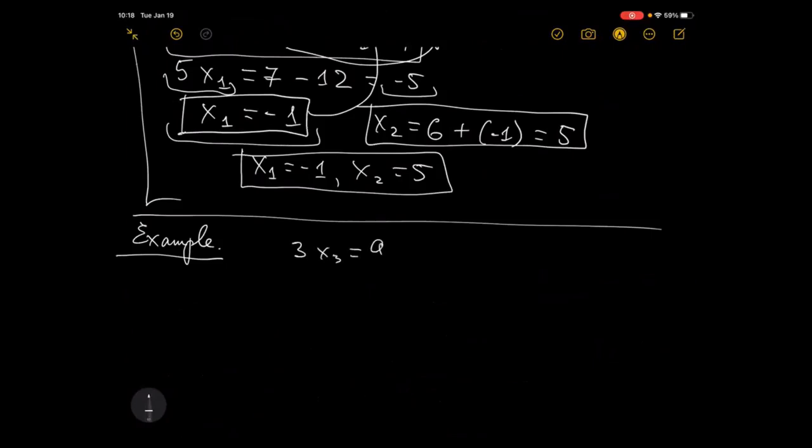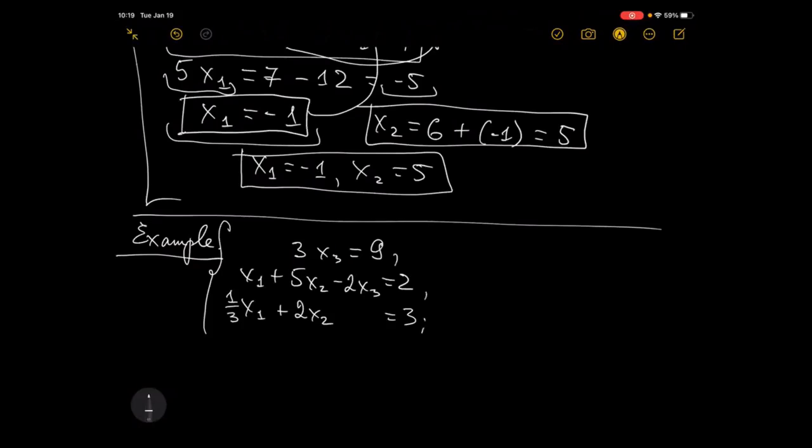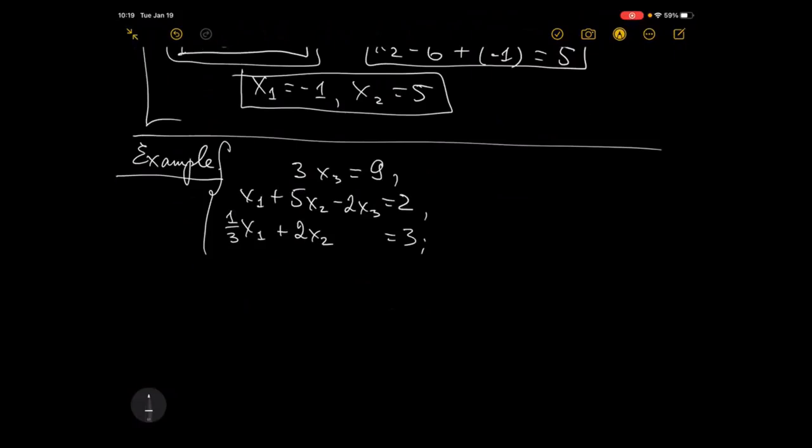3x3 equals to 9, x1 plus 5x2 minus 2x3 equals to 2, 1/3 x1 plus 2x2 equals to 3. So, a system of linear equations, right? Pay attention. I don't have anything here for x3, right?